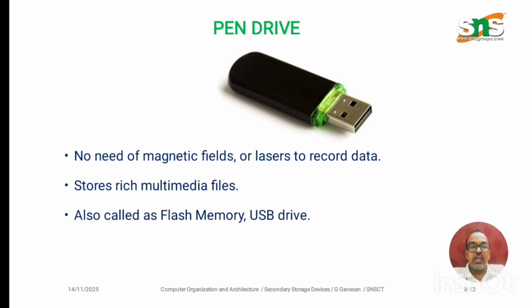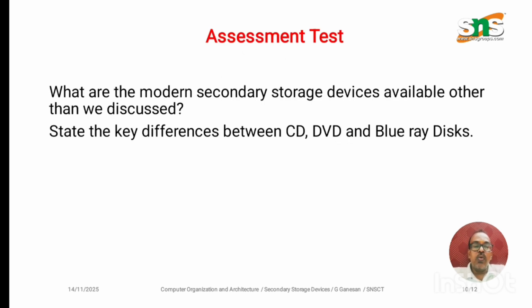We can keep this pen drive in our pocket itself. The pen drive is also called a USB drive or flash memory. Like CD, DVD, hard disk or pen drive, some more devices also exist. Memory card is also a secondary storage device.